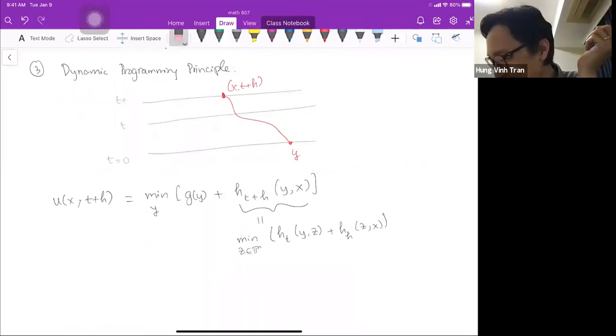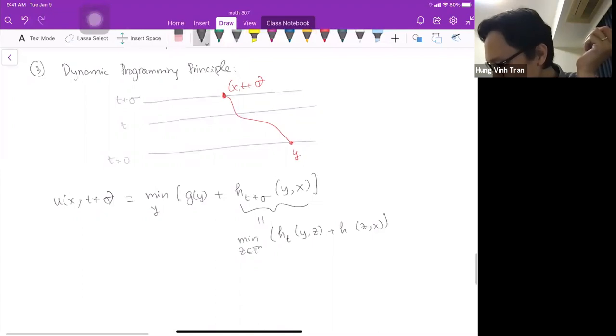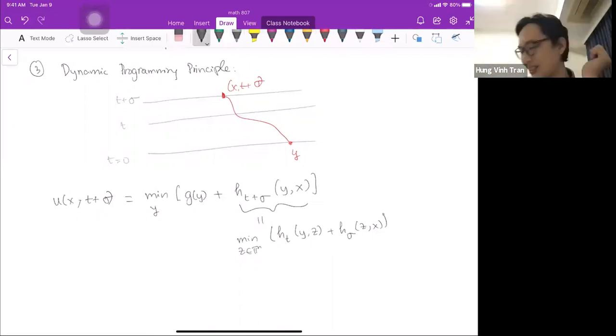So let me change it to sigma. I didn't pay attention to this. Sigma here, and then I have h of t plus sigma, sigma. Okay, fine, now it's less confusing.